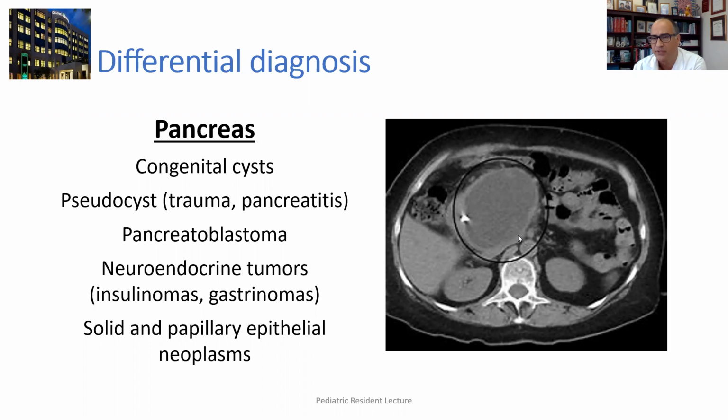So those are the largest ones that we can see. We have seen all of these tumors here, but very infrequently. My last one from the tail of the pancreas was an insulinoma. Gastrinomas, I don't think I have seen one, but other ones we have seen here. However, the largest are the pseudocysts related to trauma, and the congenital cysts are really small and often do not require any management. So we have to be very clear about the management of those. Once you identify one, just call the surgeon and we'll find out.